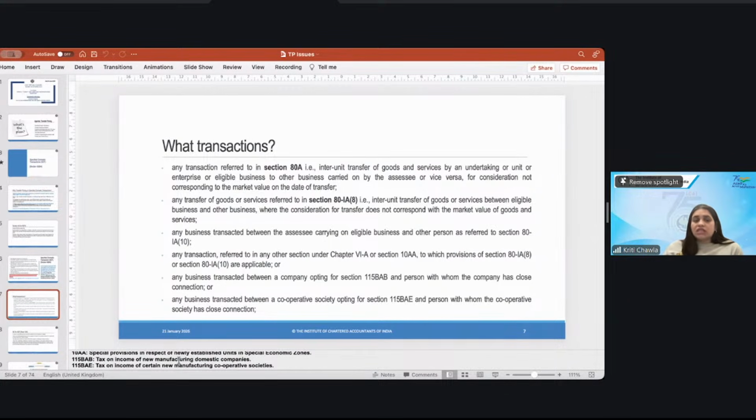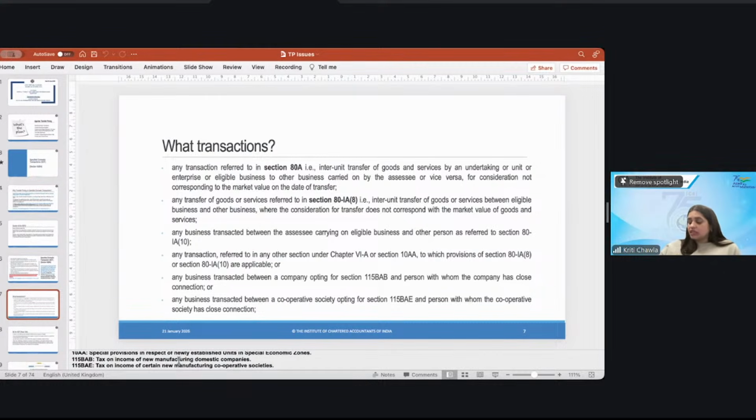So whenever you see transactions between a company which has opted for 115BAB and any other person with whom the company has close connection, or a cooperative society which has opted for 115BAE and a person with whom the cooperative society has close connection, then transfer pricing provisions, SDT, will be applicable.